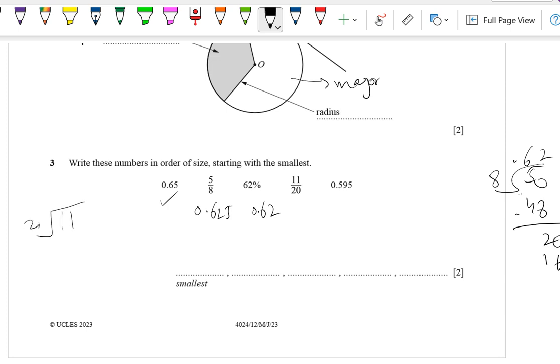Now let's check for the 11. 0.55. So smallest first, 0.55 is smallest.